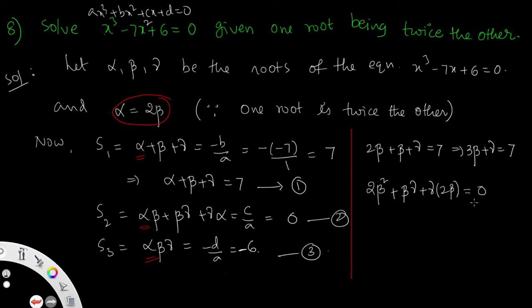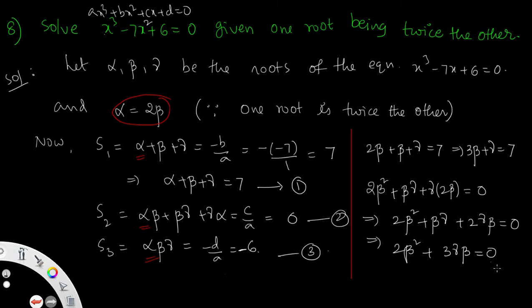So the equation becomes 2 beta square plus beta gamma plus 2 beta gamma, which equals 2 beta square plus 3 beta gamma equal to 0.